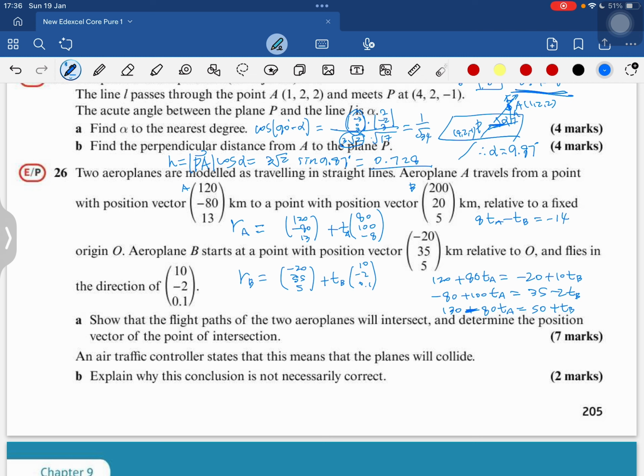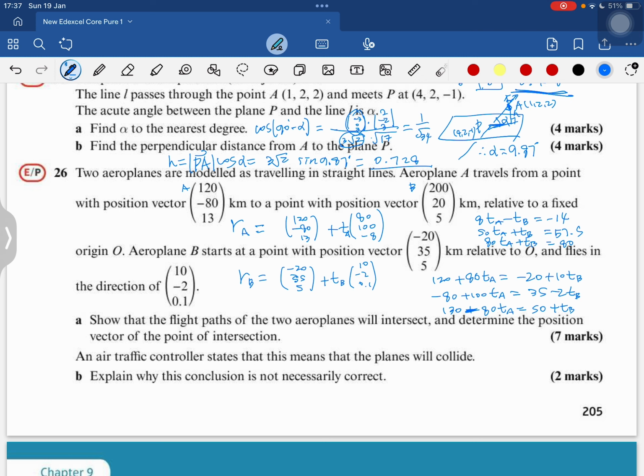And 50 TA plus TB becomes 110. So TA plus TB becomes 80.